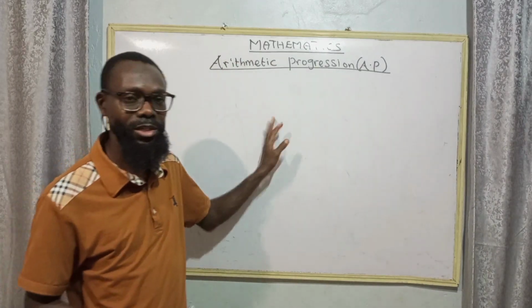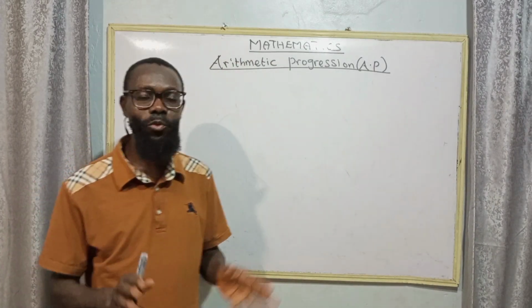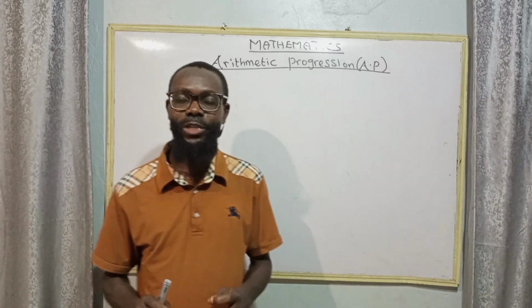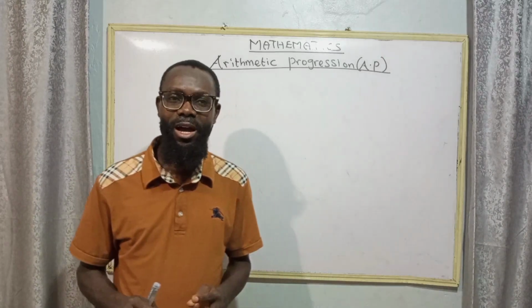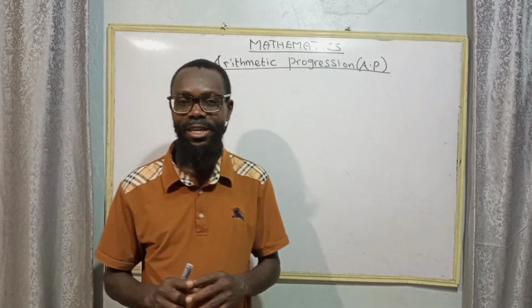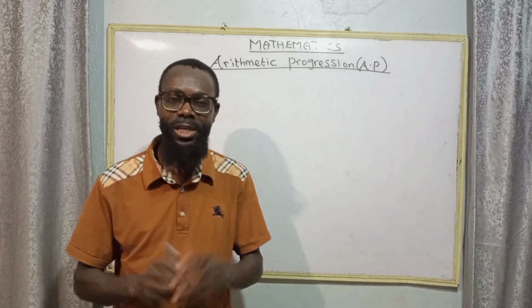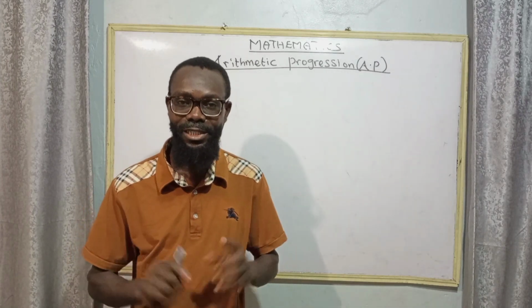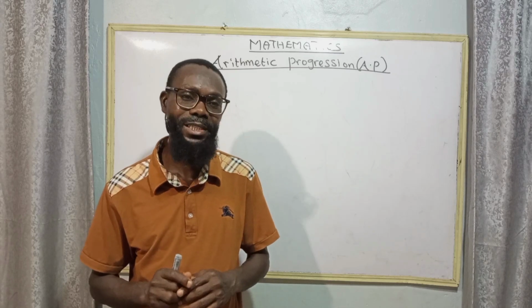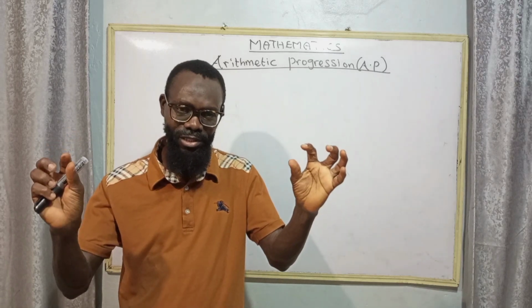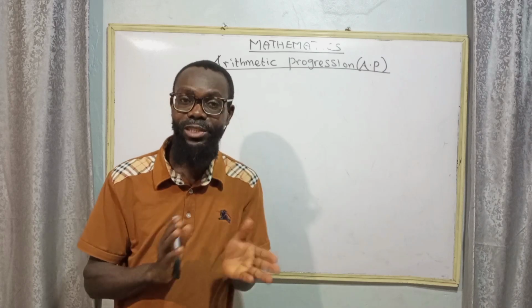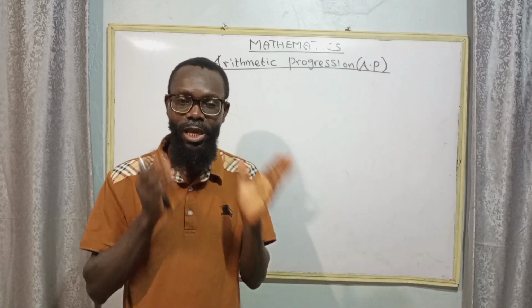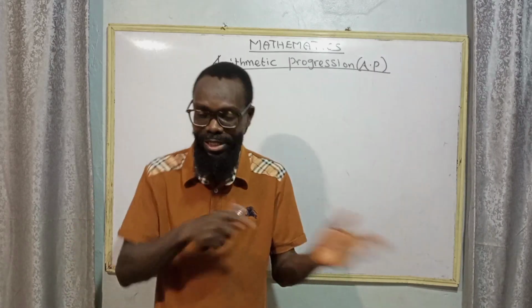Arithmetic progression is a sequence in which each of the terms differ by a specific constant, either by adding or subtracting that particular constant. Meaning that when we have the sequence, the difference between the second term and the first term will be equal to the difference between the third term and the second term.